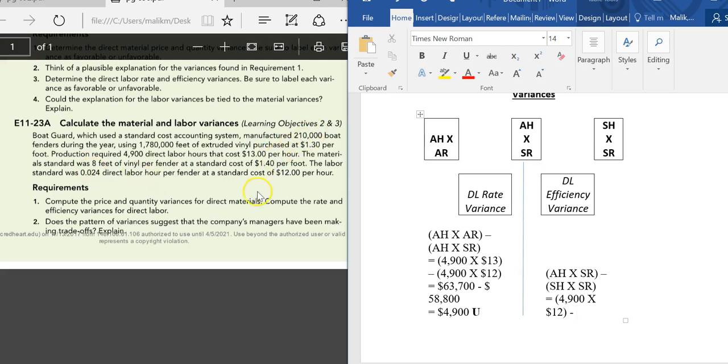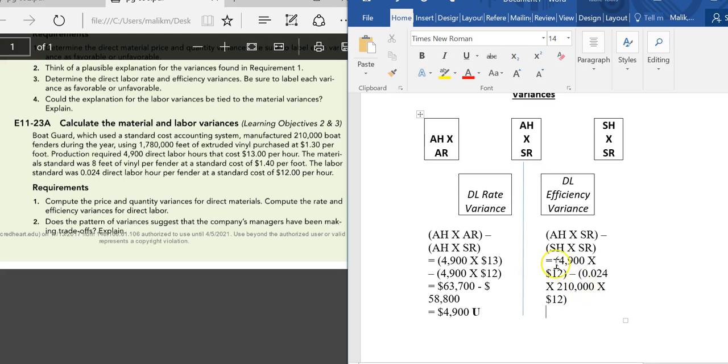So we have to multiply these two to find out the standard hours for all those fenders that they produced. So it is 0.024, which is the standard hour for one fender, times 210,000 fenders. That's what they actually manufactured or produced. So these two together is the total standard hour, or SH, and we're gonna multiply it by our standard rate, which we already know is $12.